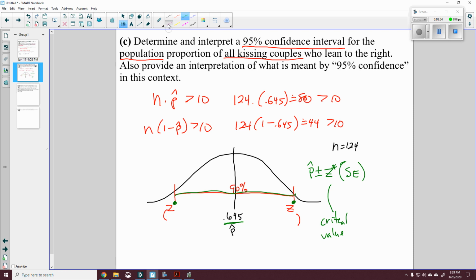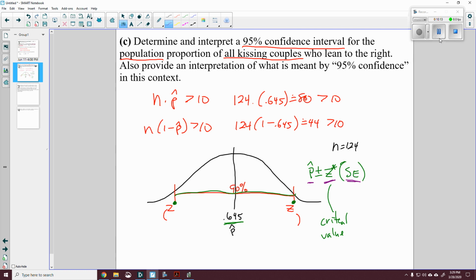So I know what my p hat is. My p hat is this right here, this 0.645. I'm going to calculate what this z-score is, and I'm going to calculate what my standard error is. So let's start with the z-score.